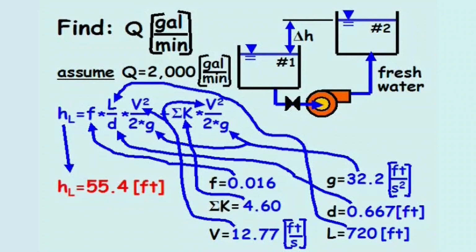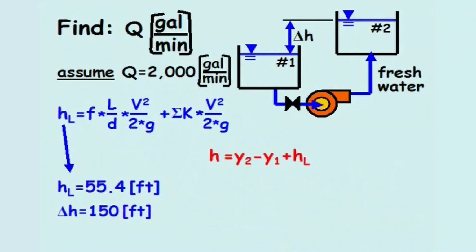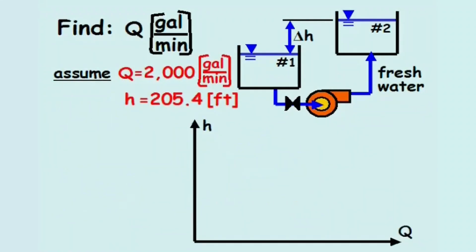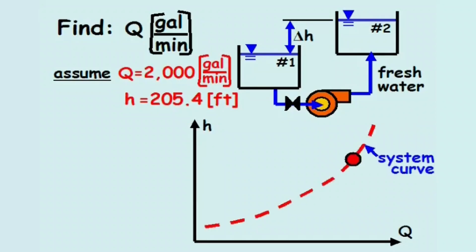By knowing this head loss, the total head in the system while operating at 2,000 gallons per minute equals the 150 feet of elevation head plus the 55.4 feet of head loss due to friction, which equals 205.4 feet. So far we have one data point on the system curve at the flow rate of 2,000 gallons per minute and the head of 205.4 feet.